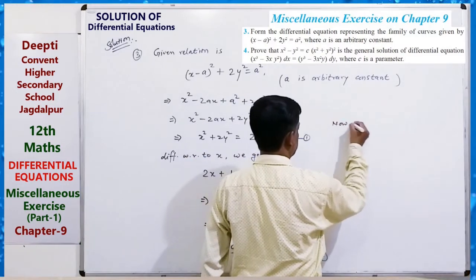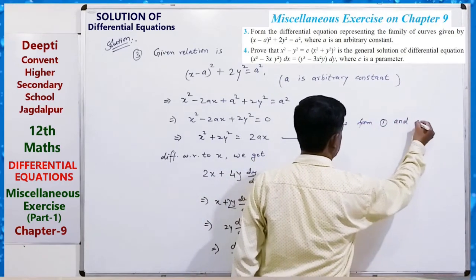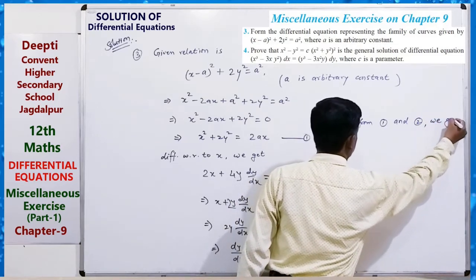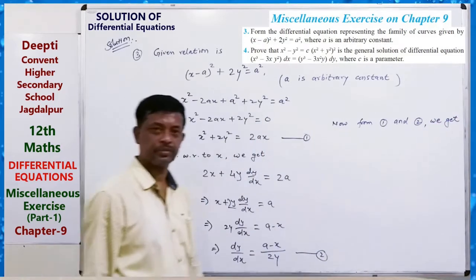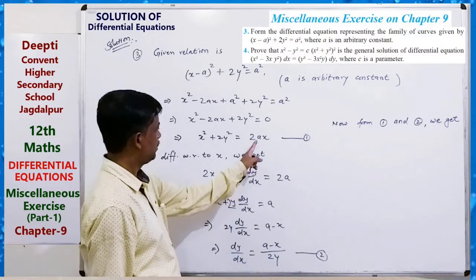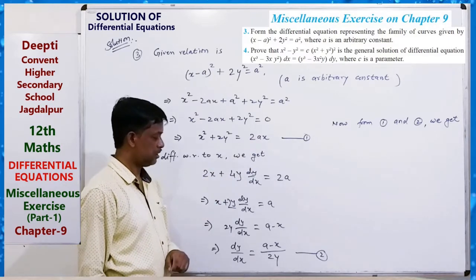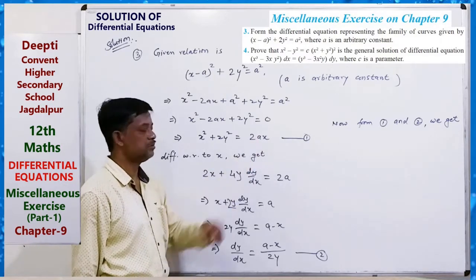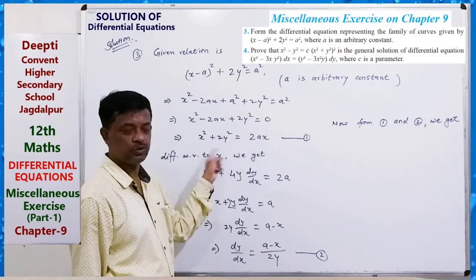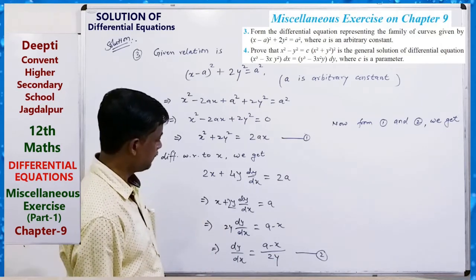Now from 1 and 2 we get a equals x square plus 2y square by 2x. We can use that here. Clear?